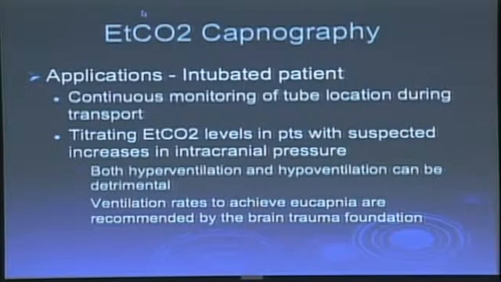Now, you monitor EtCO2 levels. In patients with increased intracranial pressure, we are recommending that you keep them at a low level of what is called eucapnia. In other words, keep them around 35. That's the level we aim for. Not too low and certainly not high.